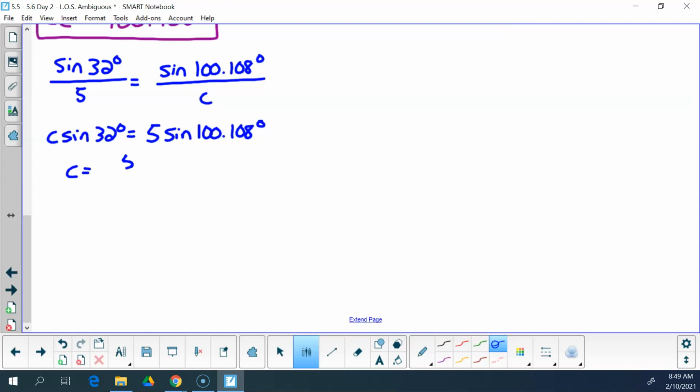C here is 5 times the sine of 100 all over 9.289.